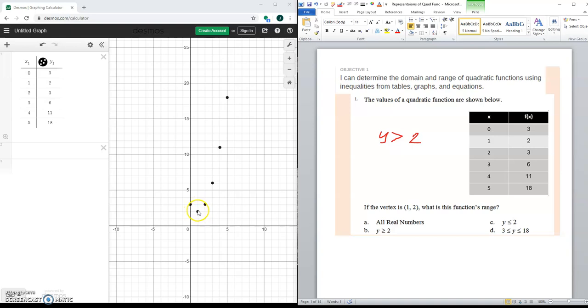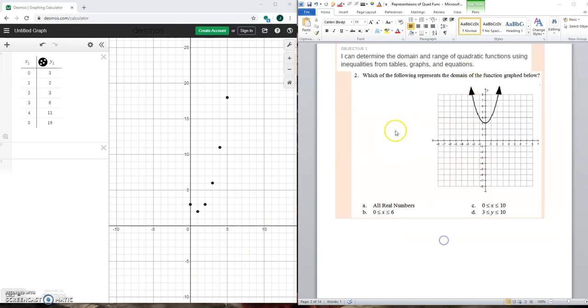It's not an unshaded circle. It is a shaded circle. So that's included, and because of that, it has an equal sign. So there you go. That is your range. This is read as: your range is the set of all y values that are greater than or equal to 2.